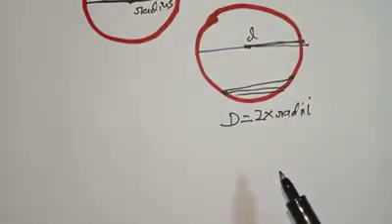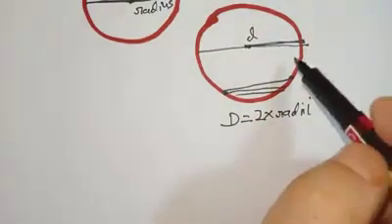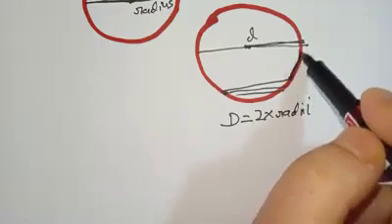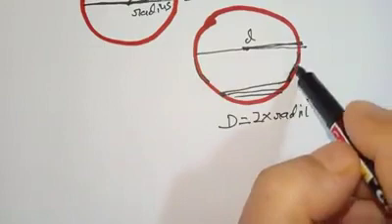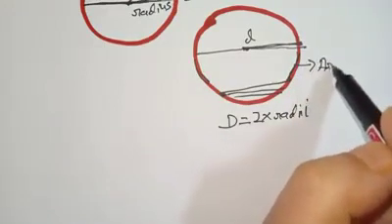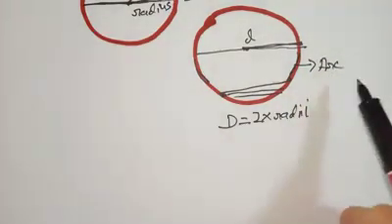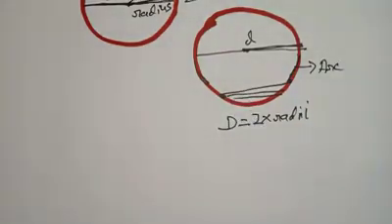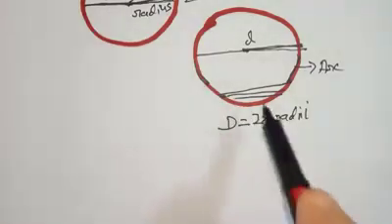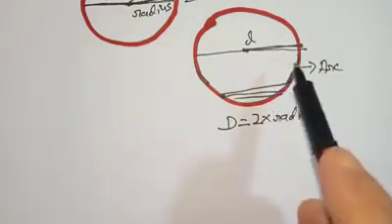Now, what is an arc? Any part of the circle is called an arc. So this can be an arc, this can be an arc, any part. Any part of the circle is called an arc. So we have learned what a radius is, what a chord is, and what a diameter is.